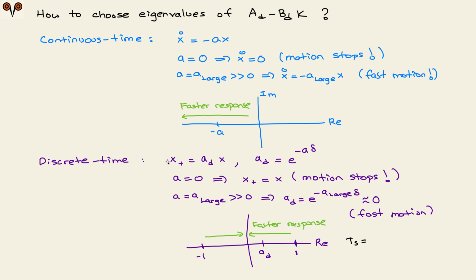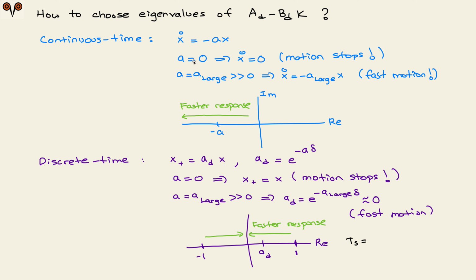Now you have the discrete time system, x plus equals AD x. I'm going to use the same a. AD is coming from the exact discretization. You should watch the first video if you have difficulty with this. This is the exact discretized version of this continuous time system for a given step size delta.